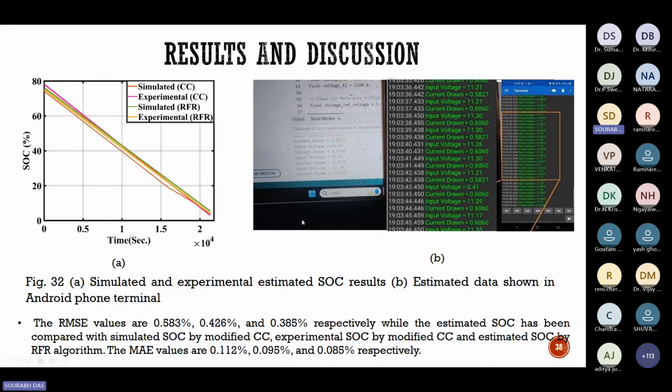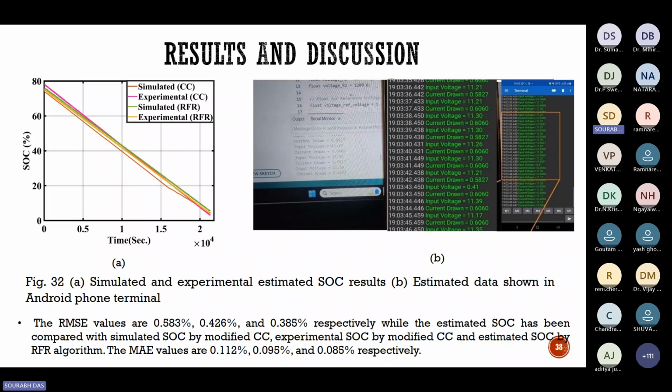In 32B, the leftmost result is what we can monitor in the system or host computer. Then the middle one is the zoomed version of the Android phone data, and the last picture is the screenshot of the Android phone.